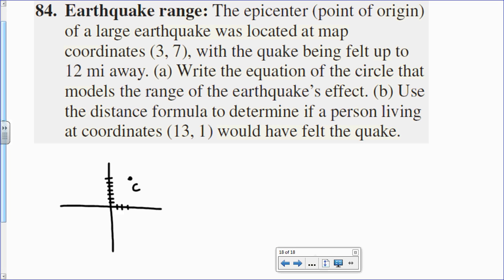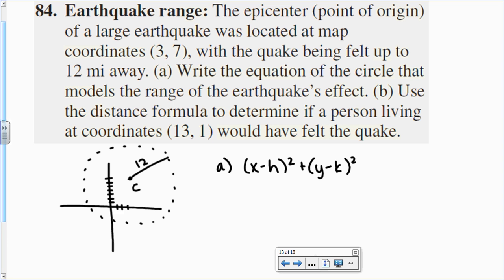So what's 12? What part of the circle is that? The radius. So this is 12. And we have a circle around that. Okay, I want to know, first of all, I want to write the equation of the circle. So to write the equation of a circle, you need h and k, which is the center. Do I have that?